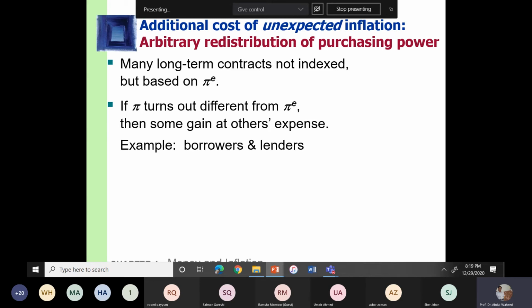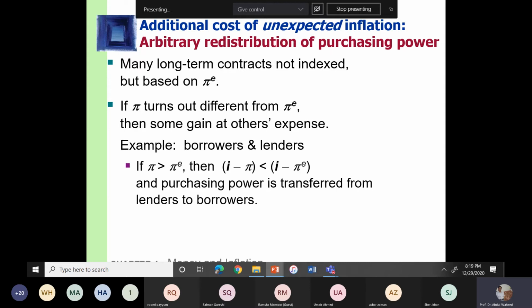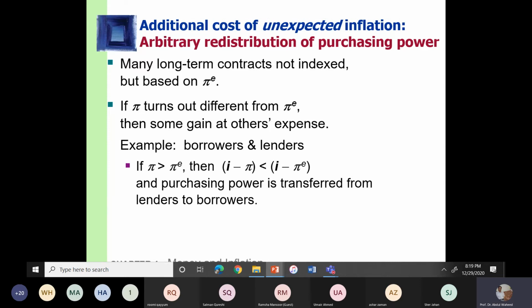We have the example of borrowers and lenders. If actual inflation is greater than expected inflation, then purchasing power is transferred from lender to borrower, because the real interest rate would be lower than what we were expecting.